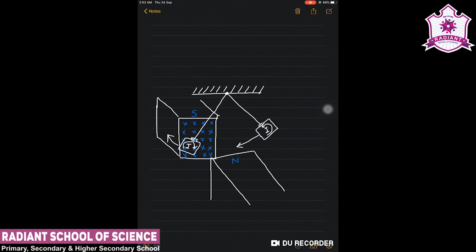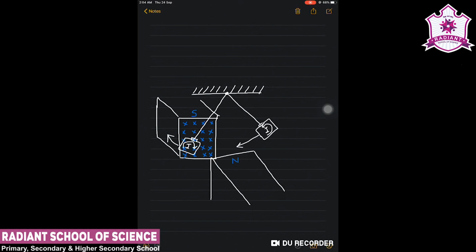See, when the plate is entering the region between the poles, the direction of the magnetic field is from north to south, and therefore the induced current that is produced inside the plate is opposing this magnetic field.